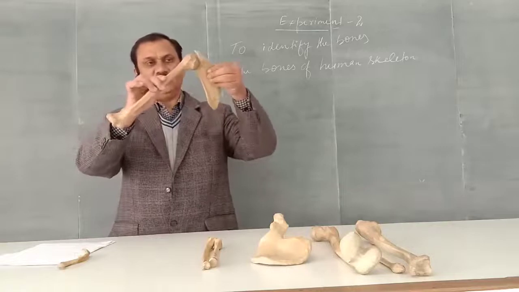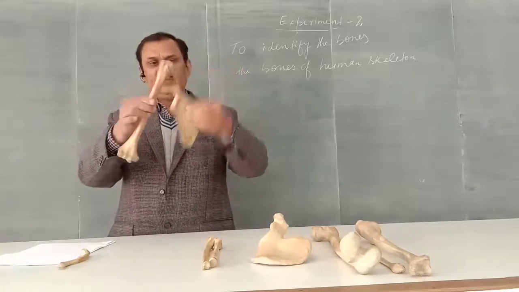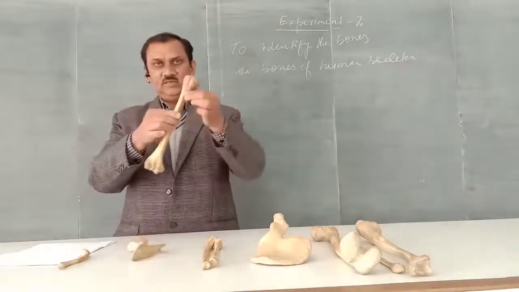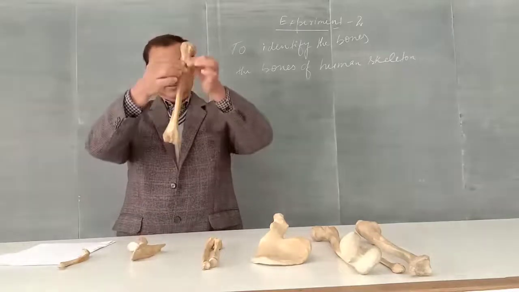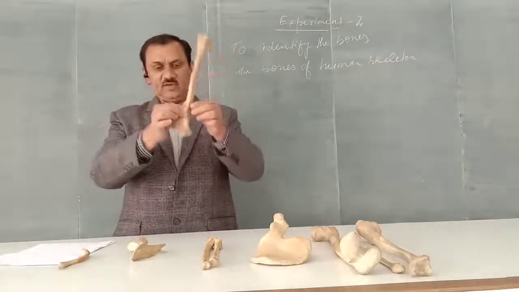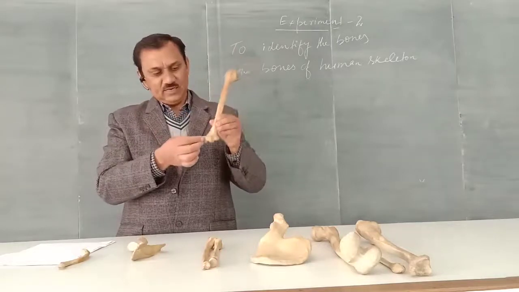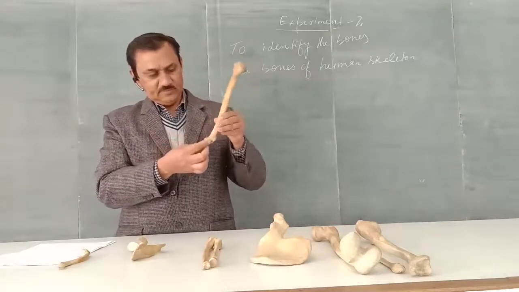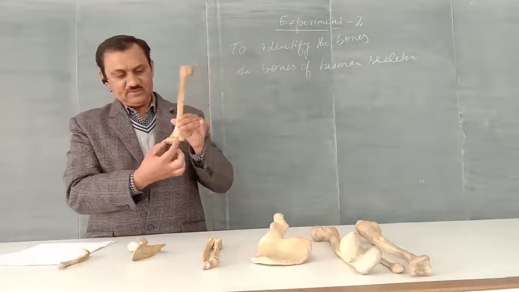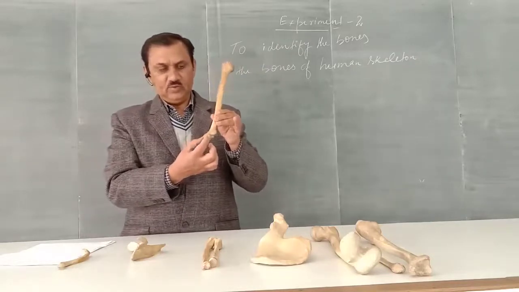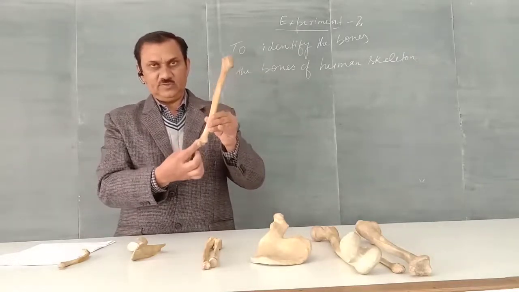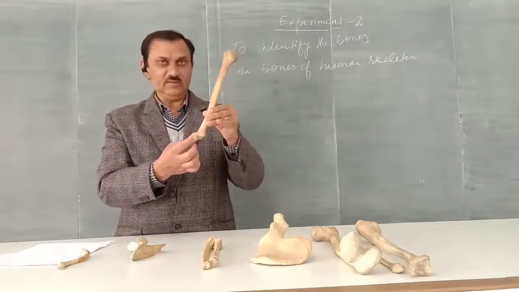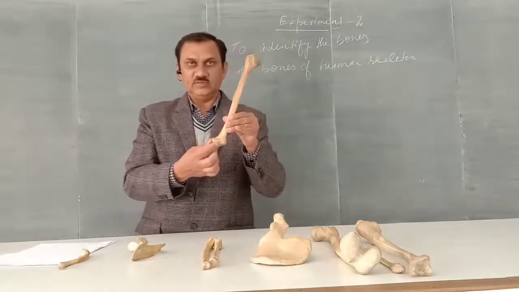So the presence of the head without neck is the feature of the humerus. This is the long shaft, and at the distal end, or the lower end, it has two condyles which make the elbow joint.